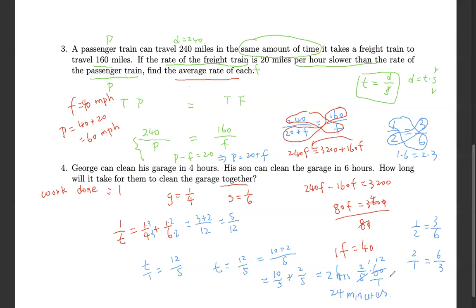Okay, with a live application, our answers need to make sense. So we will answer this question: it will take them 2 hours and 24 minutes to clean the garage together. All right, that's 4.